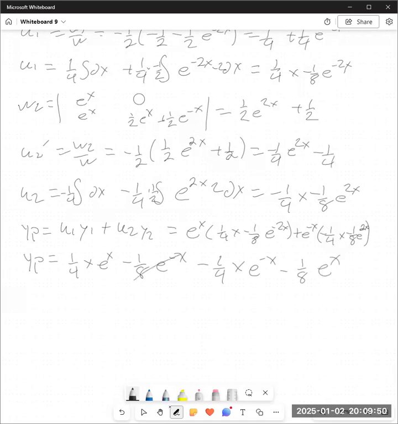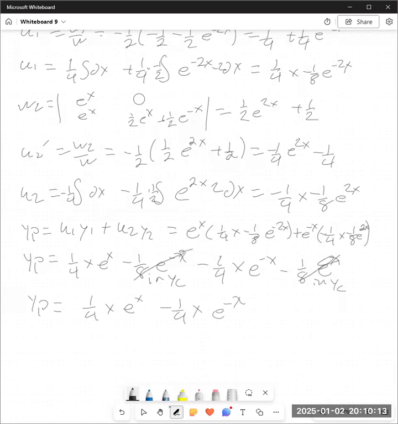So e to the negative x and e to the x are already in yc. Don't need them in yp. So my yp is 1/4 x e to the x minus 1/4 x e to the negative x.